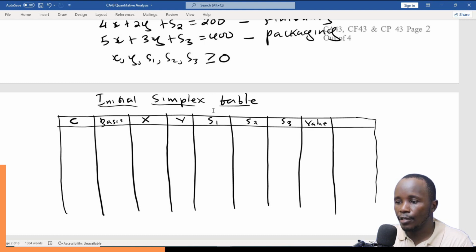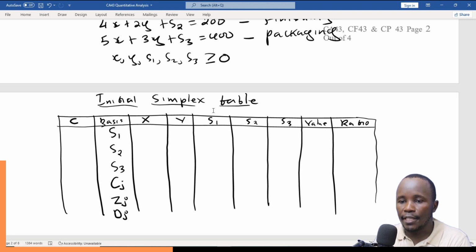And finally, we have the ratio. Now, the basis here, we are going to put in our slack variables. Here we have S1, S2, S3. Those are our slack variables. And I introduce CJ, I introduce ZJ, and finally I introduce DJ.